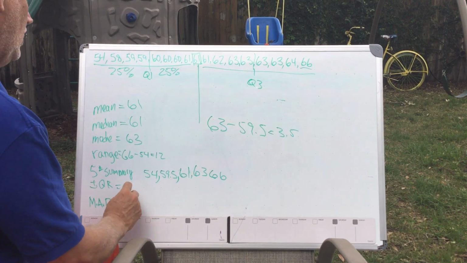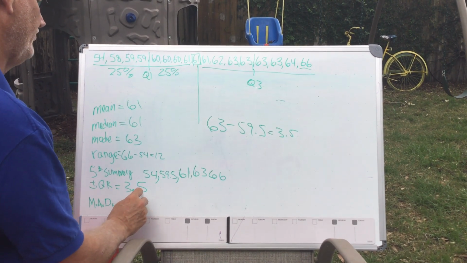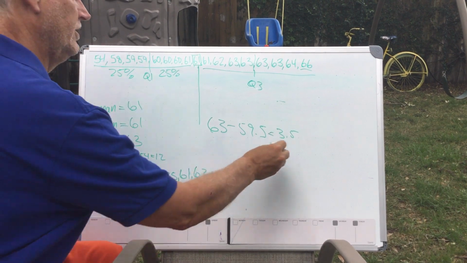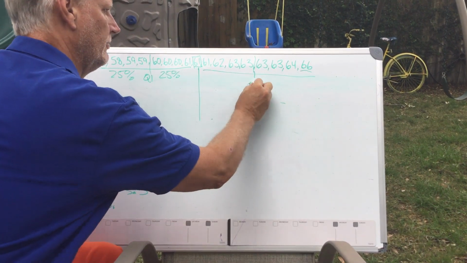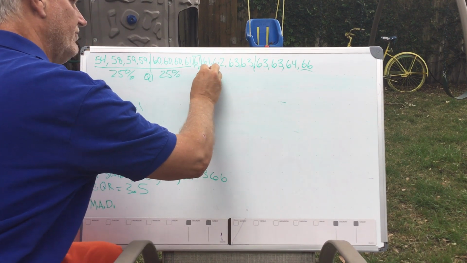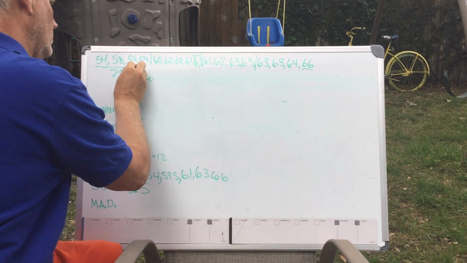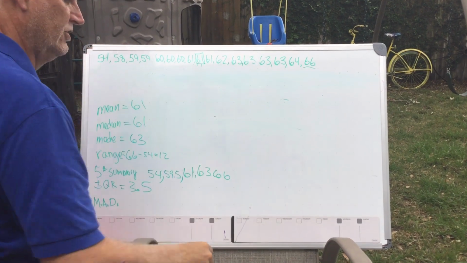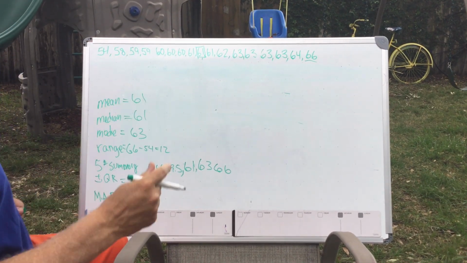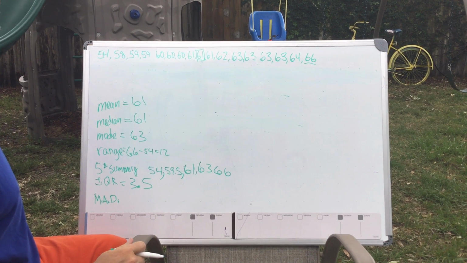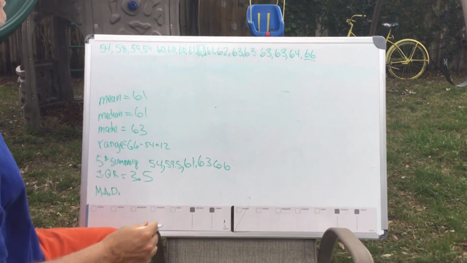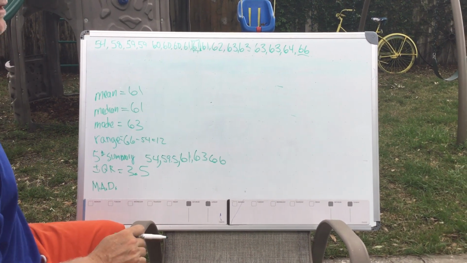So my IQR is 3.5. Now, one of the things that we're looking at is our variability. So I'm going to just take some of this stuff off of here so that we can get a clear indication of what we're doing. So now, when I have a range of 12, that means my data is pretty compact.